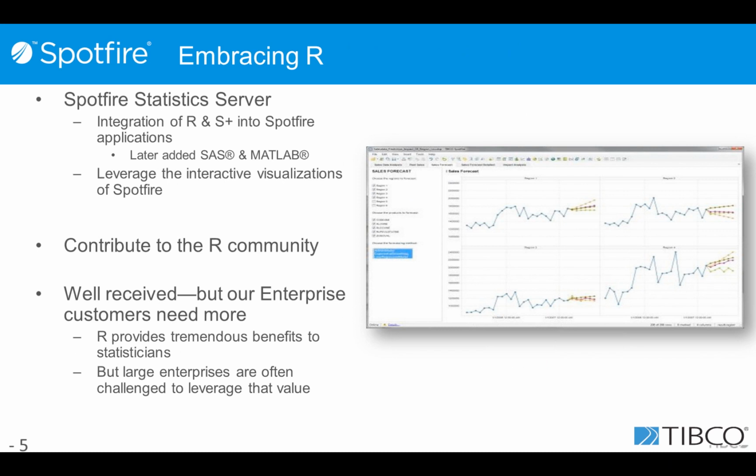But we heard some concerns, some things that were obstacles to deploying R more widely. We recognize that R has provided tremendous benefits to individual statisticians, but these large organizations have some challenges to really leverage the output of these statisticians.